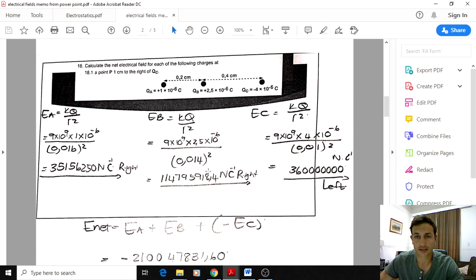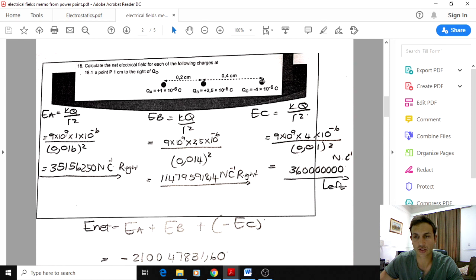Okay, so here's a nice question on net electric field. Calculate the net electric field for each of the following charges at a point P 1 centimeter to the right of charge C. So here we have charges A, B, and C. They give us the distances here, 0.2 centimeters, 0.4 centimeters.